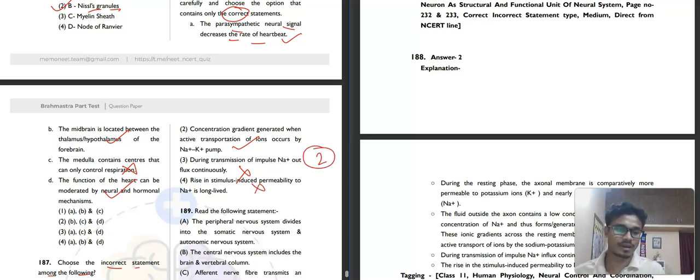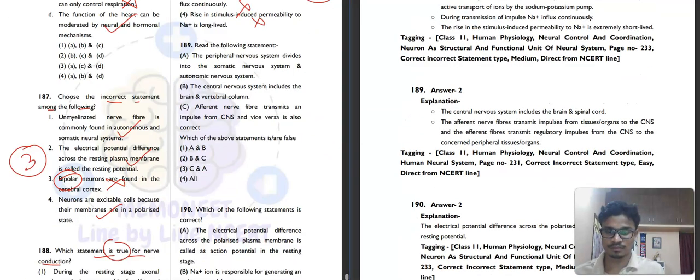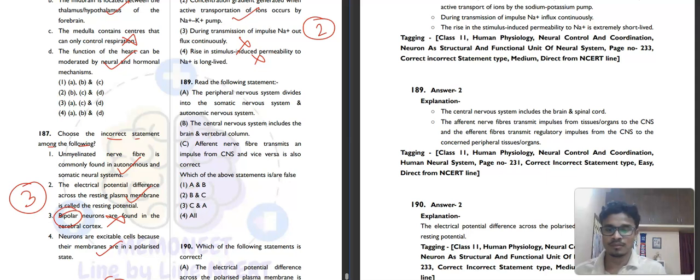Then question 189. Read the following statements. Which of the following statements are false? The peripheral nervous system divides into somatic and autonomic nervous system. Correct.